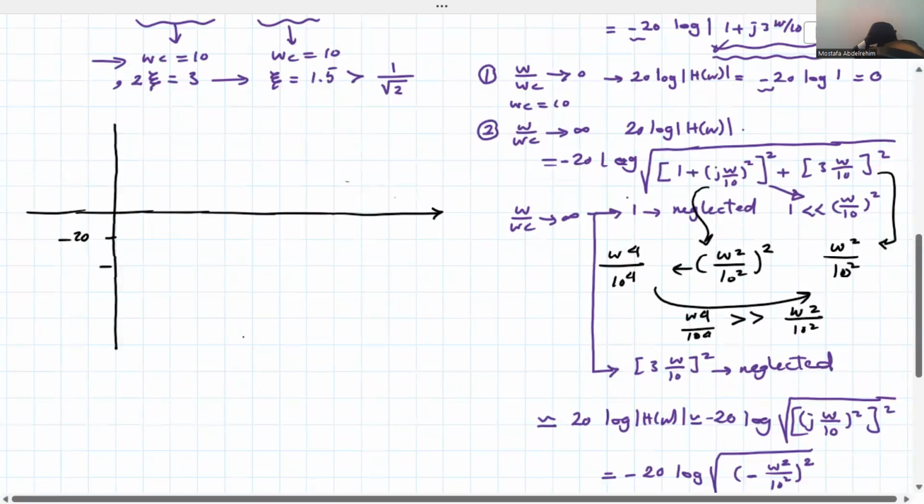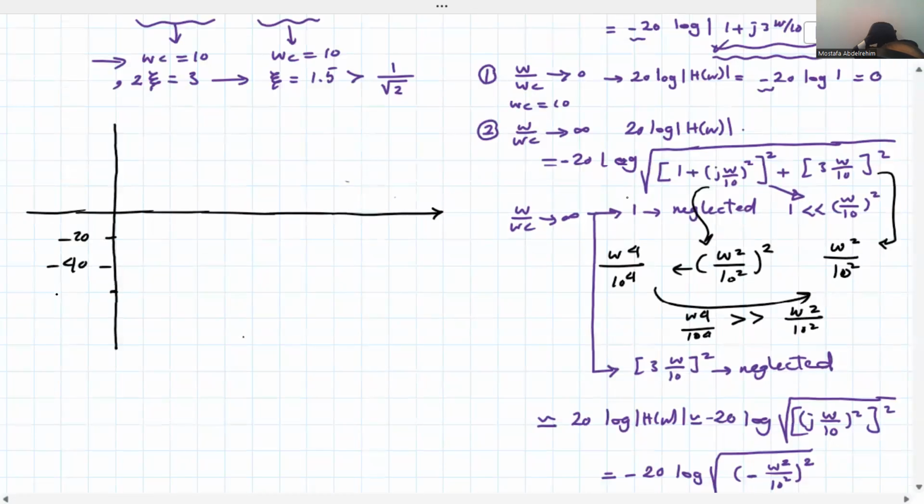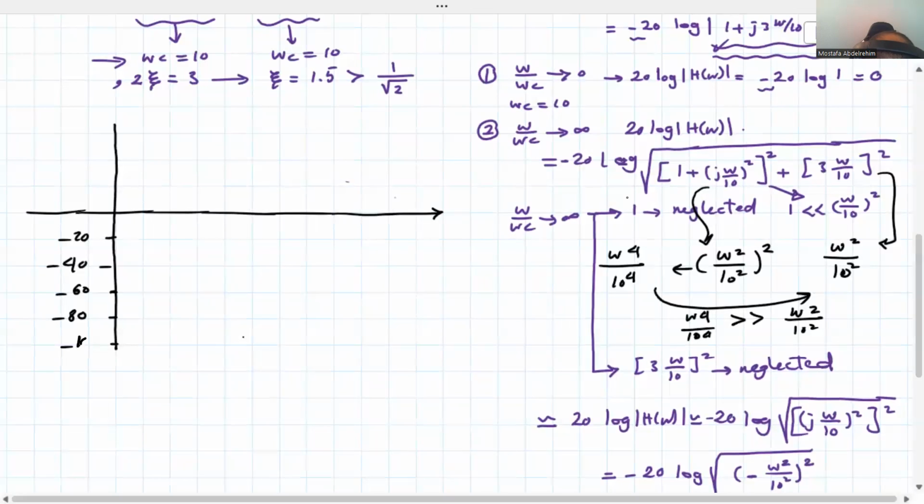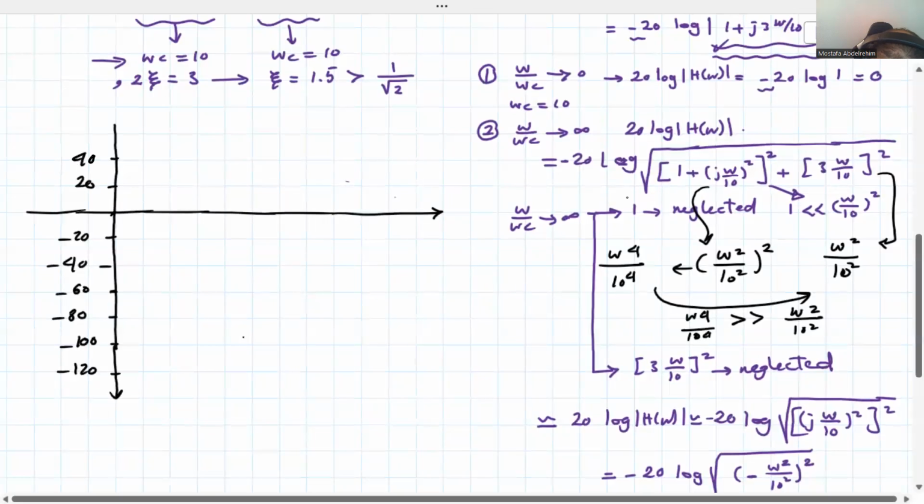Minus 20, minus 40, minus 60, minus 80, minus 100, minus 120. We have 20, 40, 60.